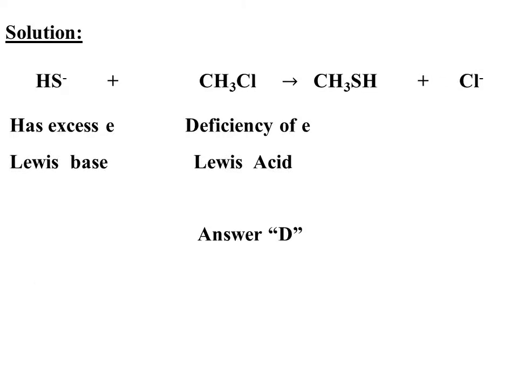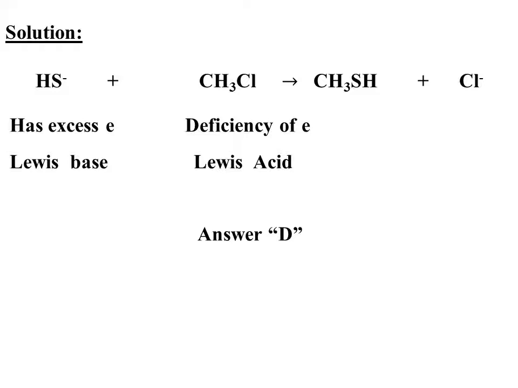Solution: HS⁻ plus CH₃Cl gives CH₃SH plus Cl⁻. In this reaction, the bond in CH₃Cl is cleaved to give CH₃⁺ plus Cl⁻. This implies CH₃⁺ has a deficiency of electrons, therefore it is what?